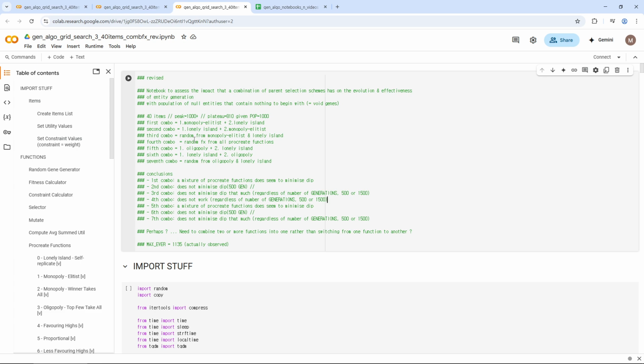I'm sure I've done almost the same notebook before, but like many of my previous few videos, this is a revised version where I used the new metric, the average of top something percent entities in terms of summed utility values.